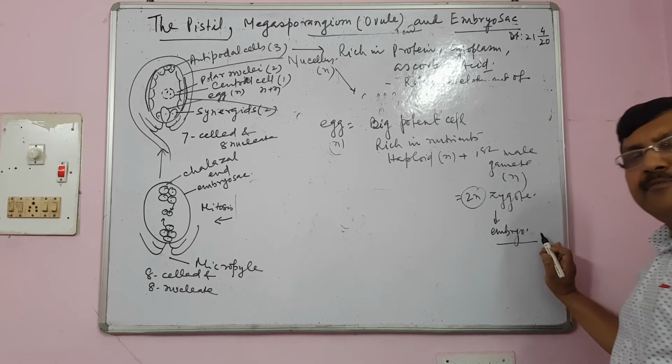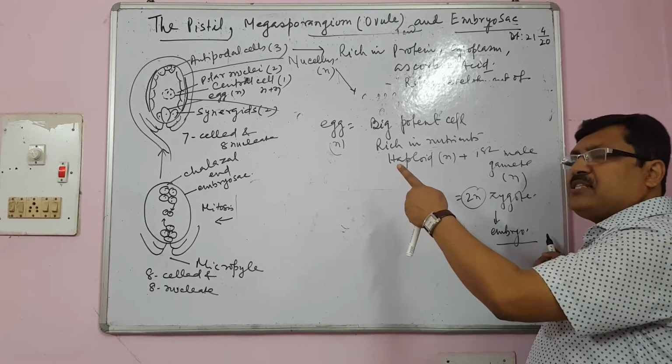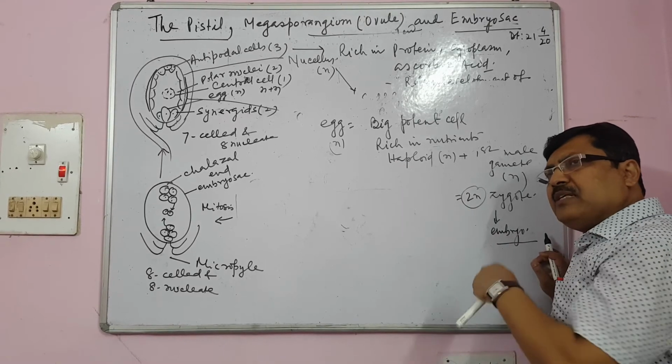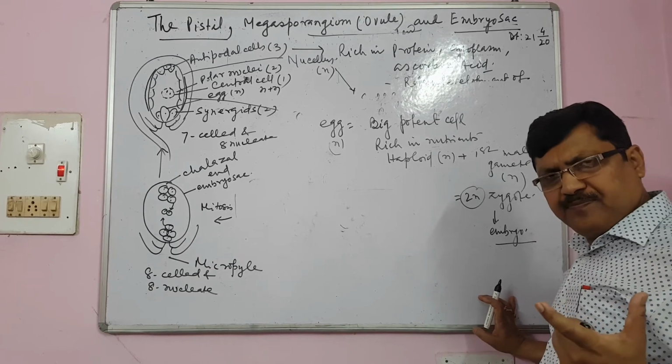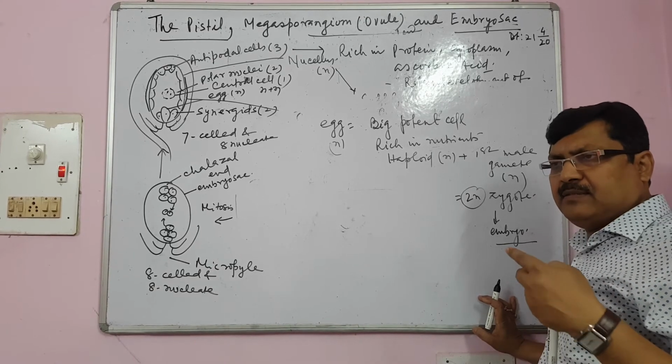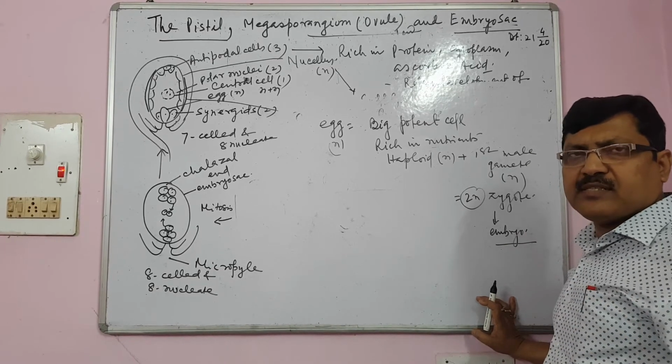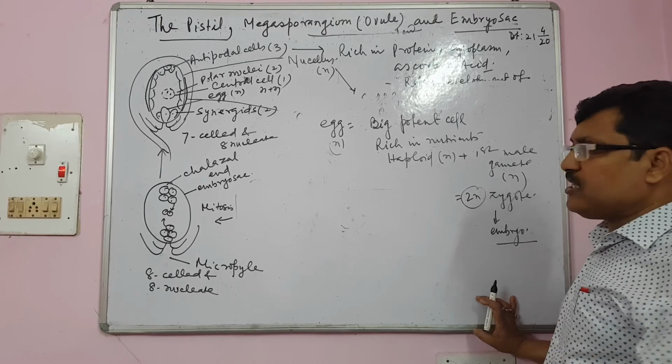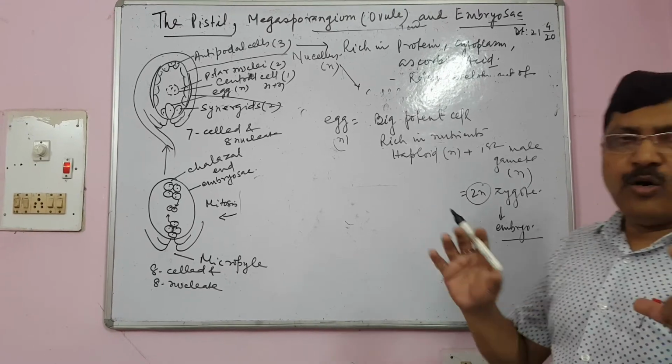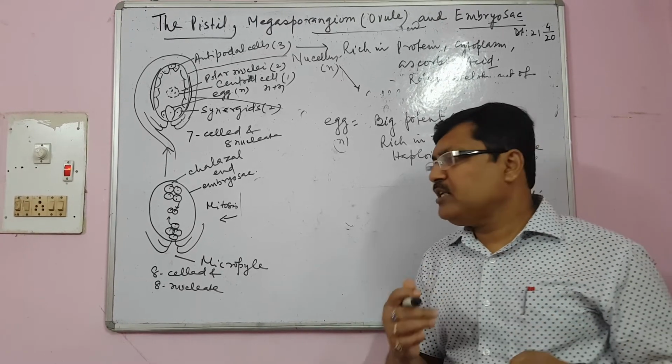In the developing embryo, the nucellus is supplying the food. Sometimes the nucellus may persist, and the persistent nucellus is called perisperm. This is also a unique feature of the nucellus.